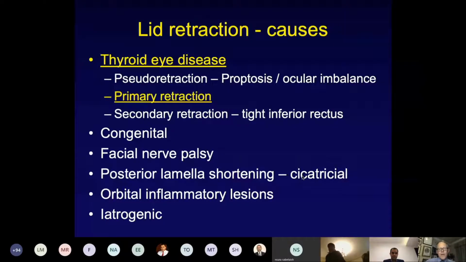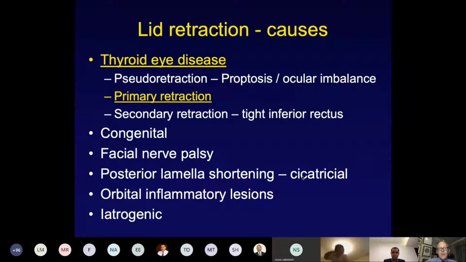So yes, we've got thyroid eye disease, which can present with primary or secondary retraction, but we should also remember the other causes. These include congenital, facial nerve palsy, a very often overlooked cause of lid retraction, and all causes of cicatricial posterior lamellar disease, such as ocular cicatricial pemphigoid.